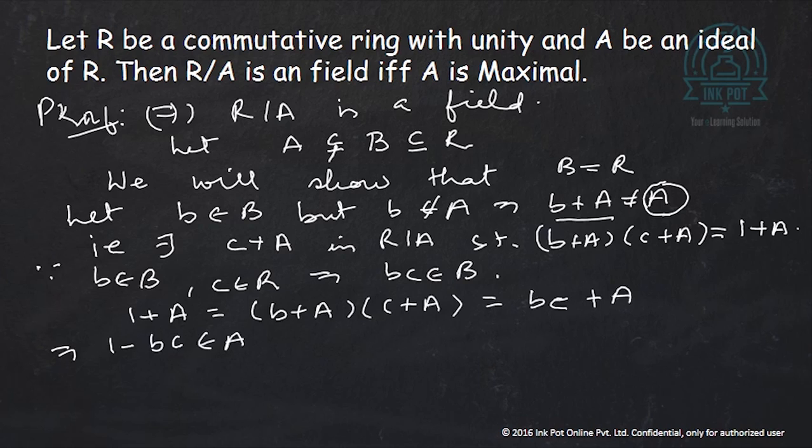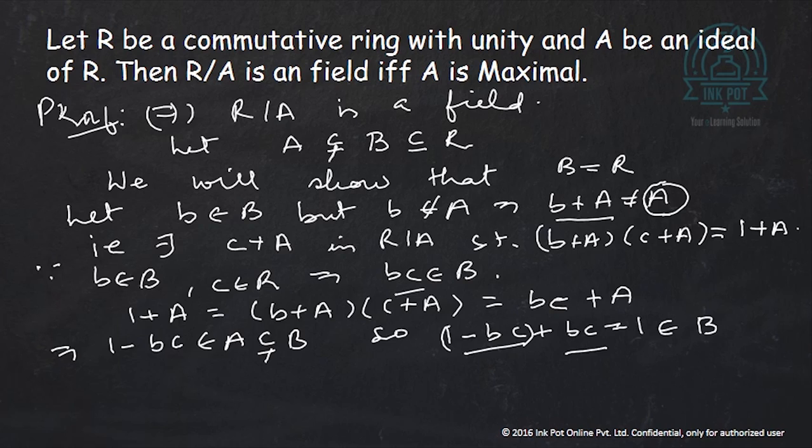Now this A is contained in B, properly contained in B. So 1 minus bc plus bc is equal to 1. So 1 belongs to B, because from here bc belongs to B, and from here 1 minus bc belongs to B. So this implies that 1 belongs to B.